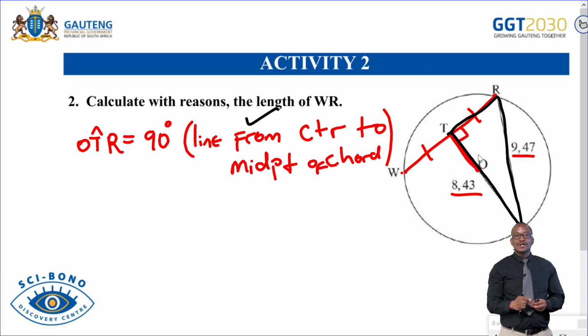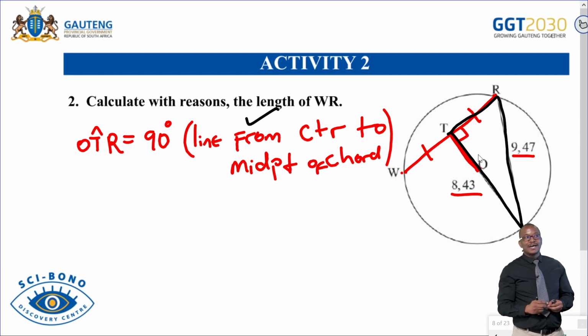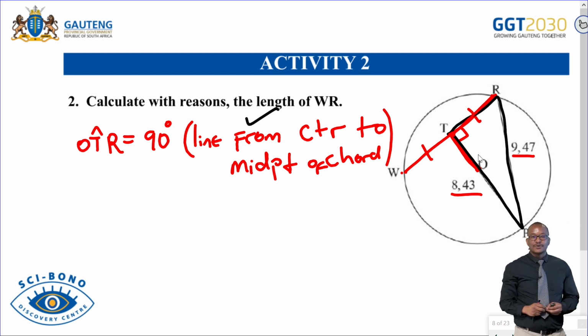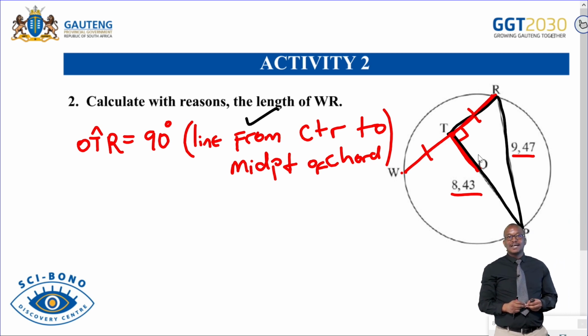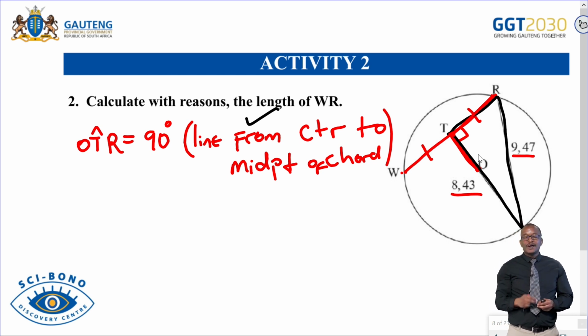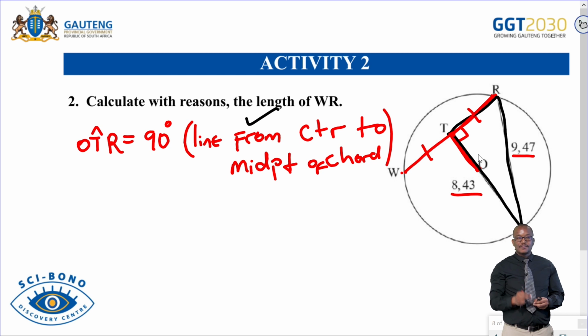Remember, our aim is to calculate the length of WR. But for us to get WR, we must firstly look for TR. Then how am I going to do that? We are going to use the theorem of Pythagoras because we have a right angle triangle there.